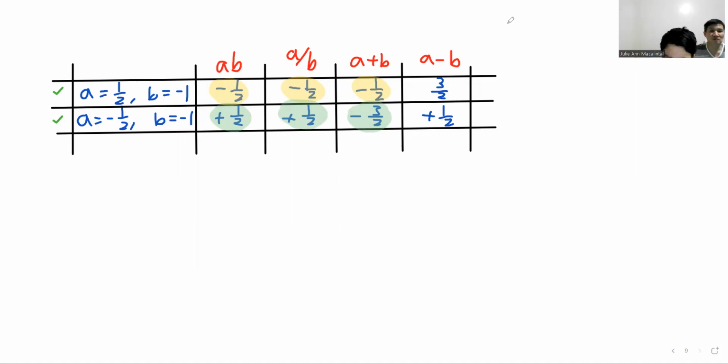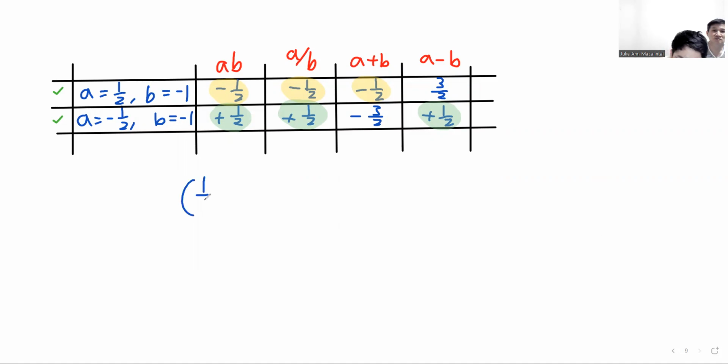Oh wait, I colored the wrong one. Can you fix the B? There's a tiny hole in it. Okay, so we didn't end up with just one, but 2 ordered pairs.